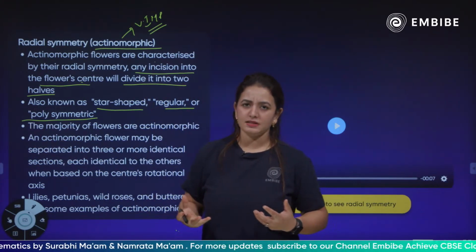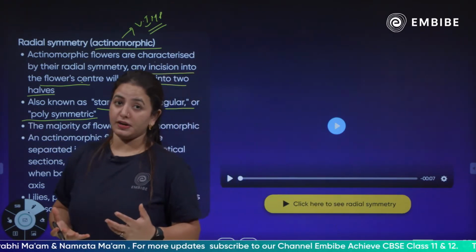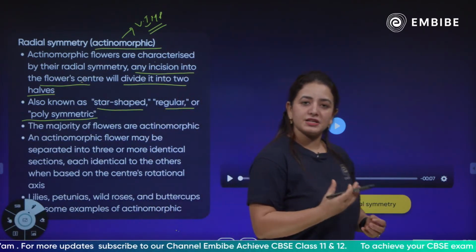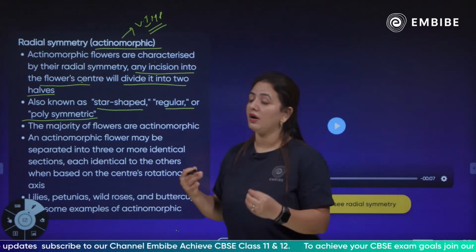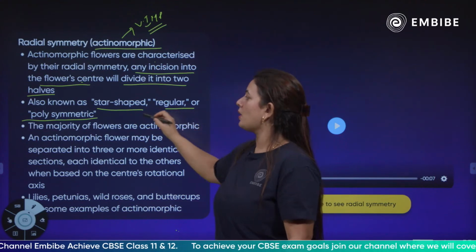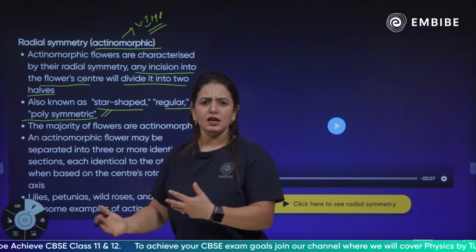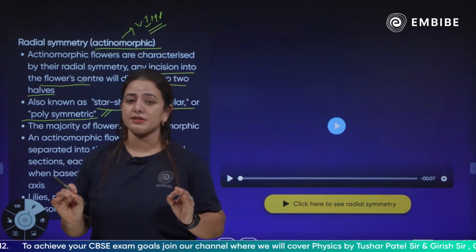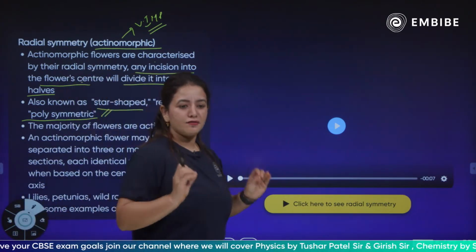Such flowers, which are actinomorphic and possess radial symmetry, are also called star-shaped, regular or polysymmetric. These are just synonyms to introduce, but the technical term is always actinomorphic flowers.